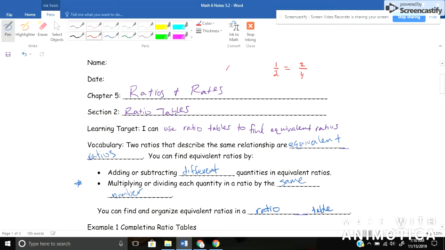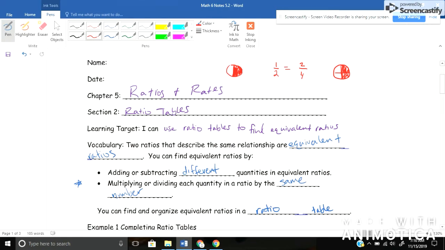If you look at a pizza diagram, 1/2 can be represented as 1 half of the pizza is eaten like this, or if you split it into fourths, 1, 2, 3, 4, and you ate 2 of those fourths, you can see that both pizzas have half gone. So they represent the same amount.